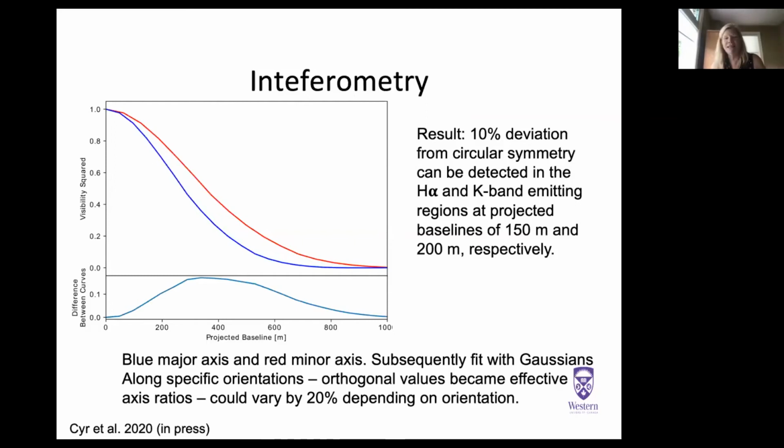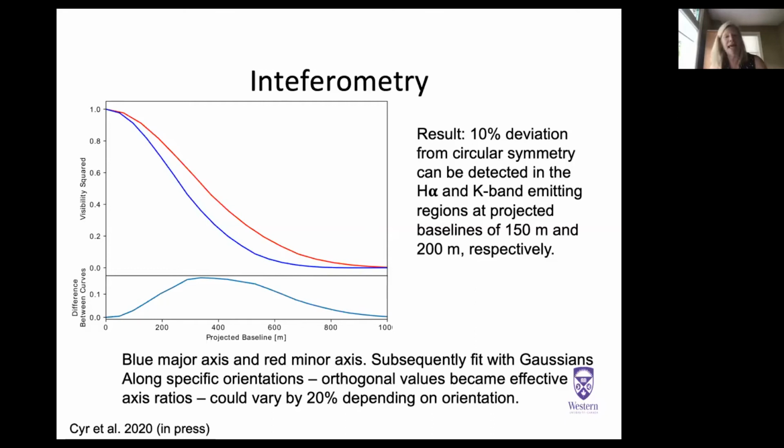to detect these deviations from circular symmetry. You can imagine that if you've got these spiral structures in your disk, and the only thing your interferometer can measure is the outer extent of the major axis or the minor axis, your result might be skewed by these density enhancements going around. We also fit Gaussians along these specific directions, every 1 degree.